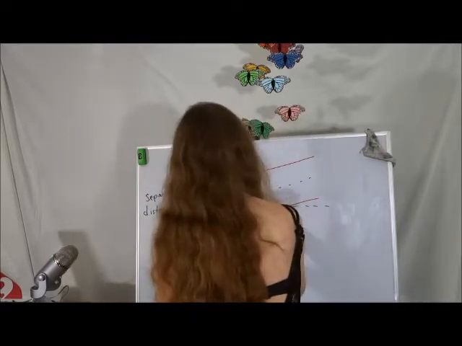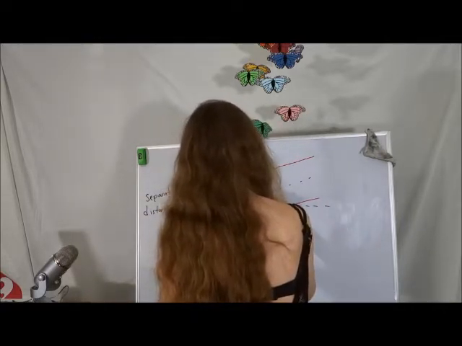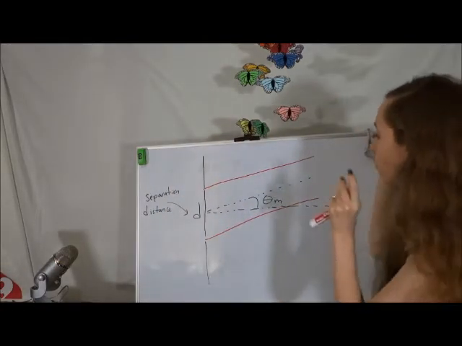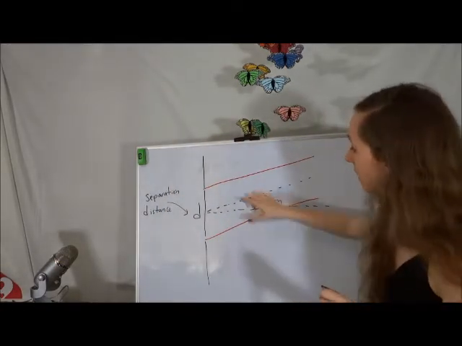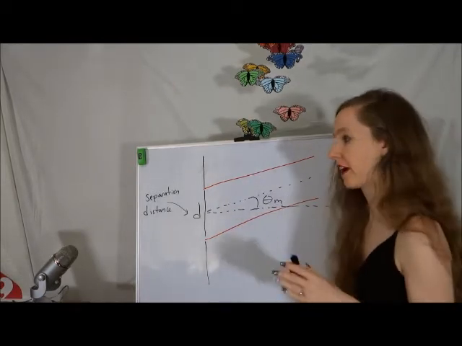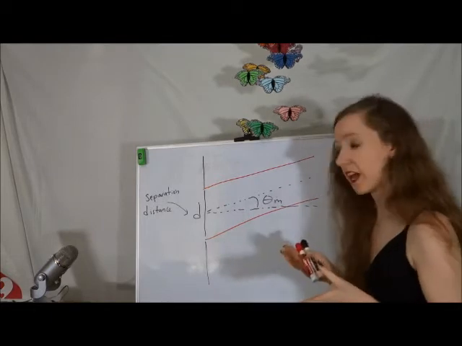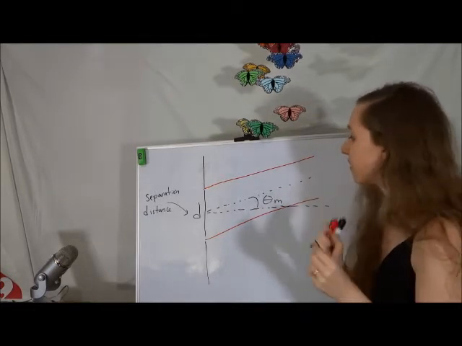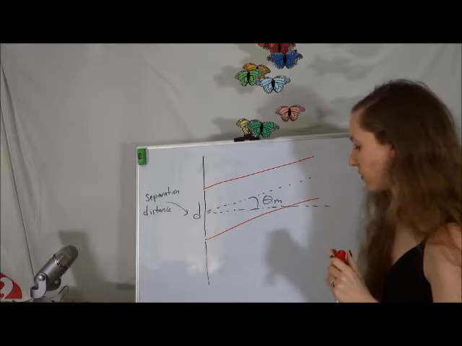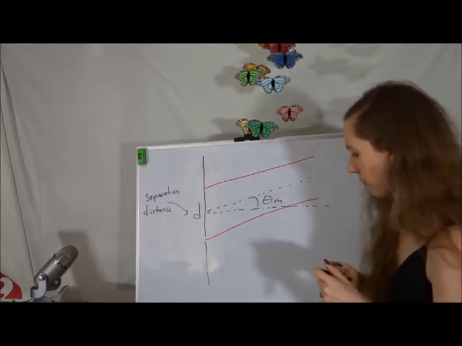We know that this angle here is theta m. Now, when we zoom in really close like this, these two laser lines are going to look basically parallel. We know they're not exactly parallel, but they're very, very close to parallel. And we're going to be able to use that fact to help us do some math.